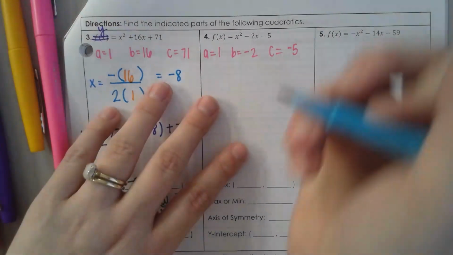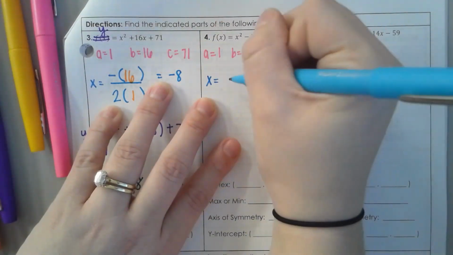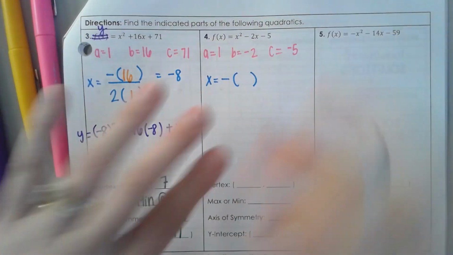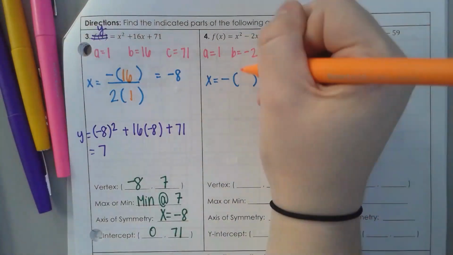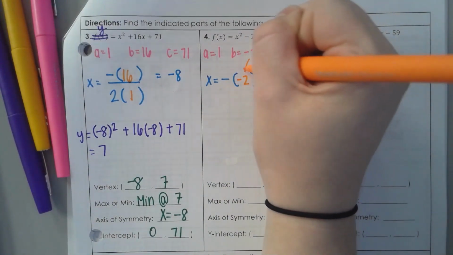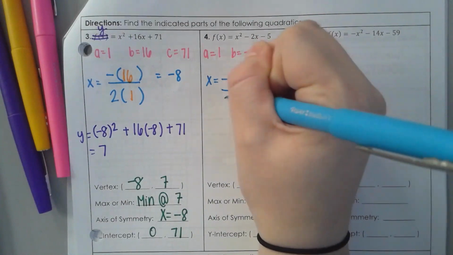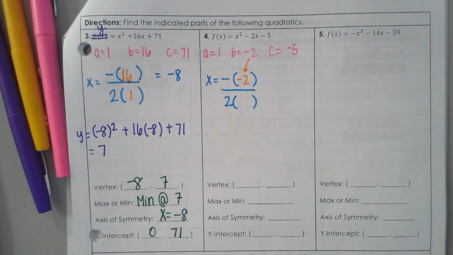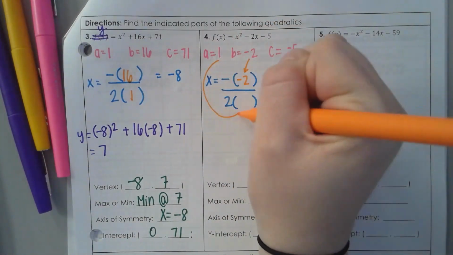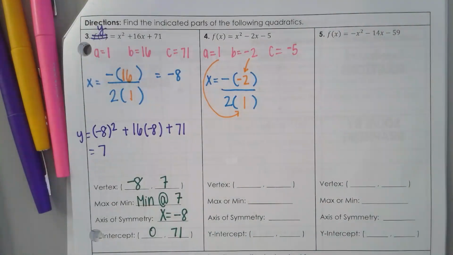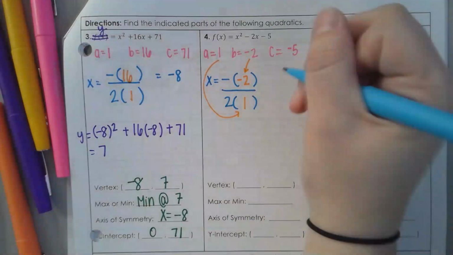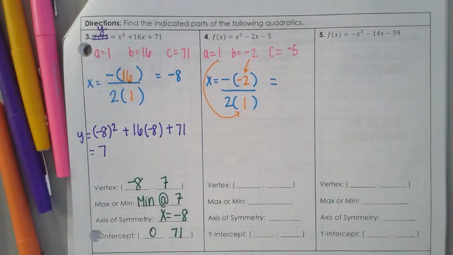Alright, so the formula, X equals negative, and then my B is -2 over 2, and then my A, which is 1. And that gives me what? 1.